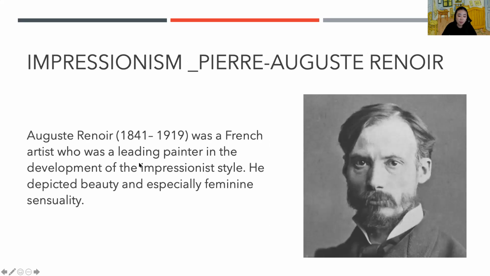And the next Impressionist artist is Auguste Renoir. Auguste Renoir was a French artist who was a leading painter in the development of the Impressionist style. He depicted beauty and especially feminine sensuality.